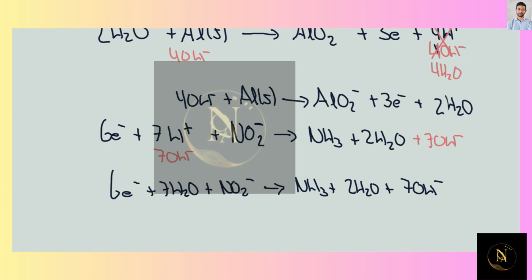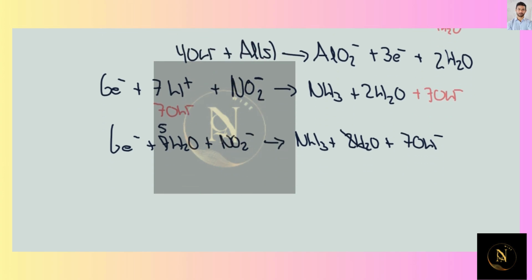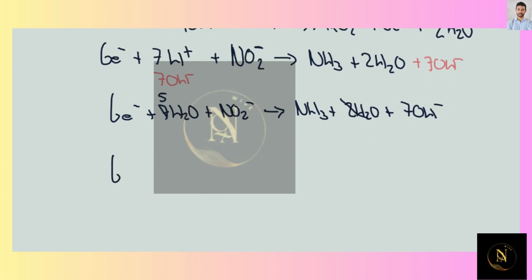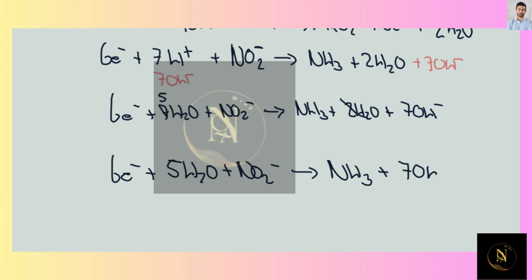Now the water molecules cancel out with 2 of them. We're going to end up with 5. And my final half reaction is going to be 6 electrons plus 5 water molecules plus NO2 minus that is going to produce NH3 plus 7 OH minus.